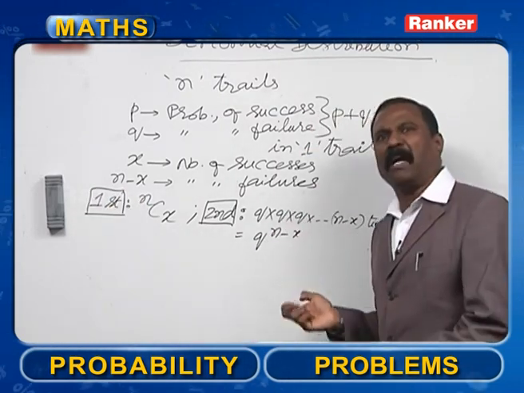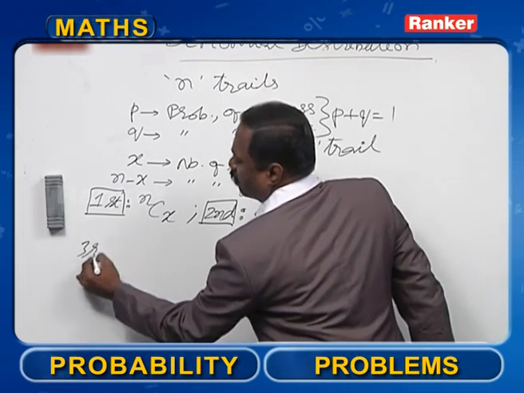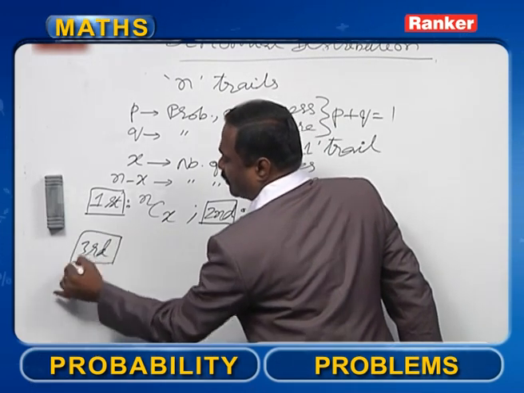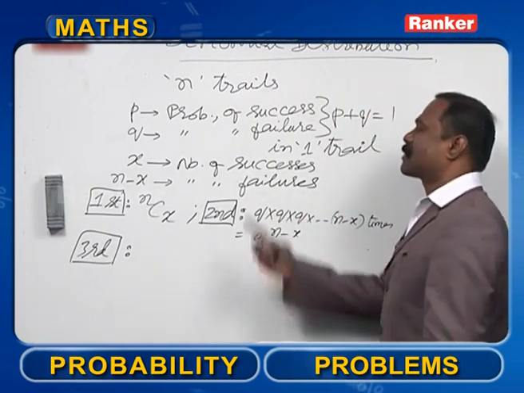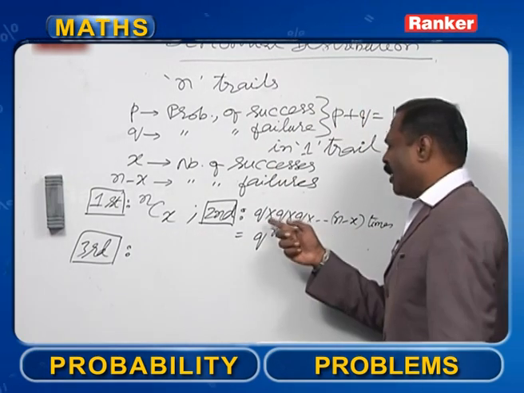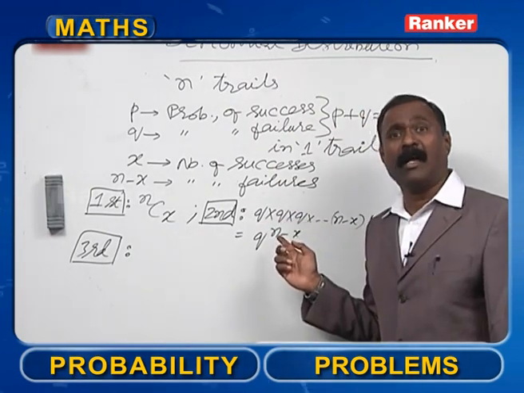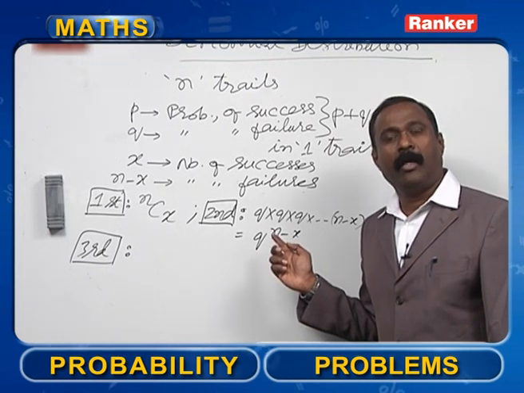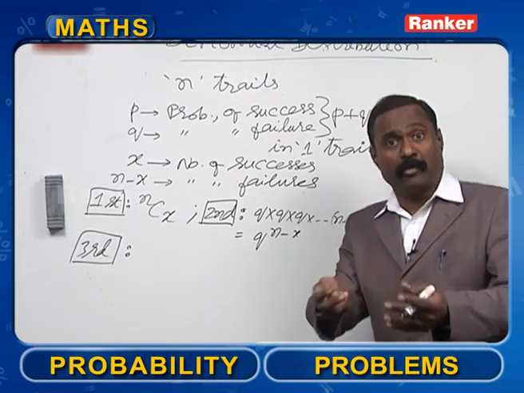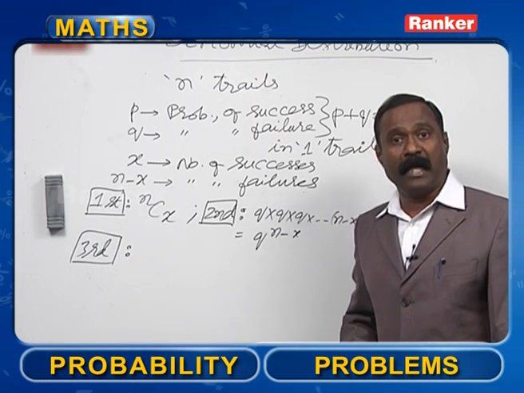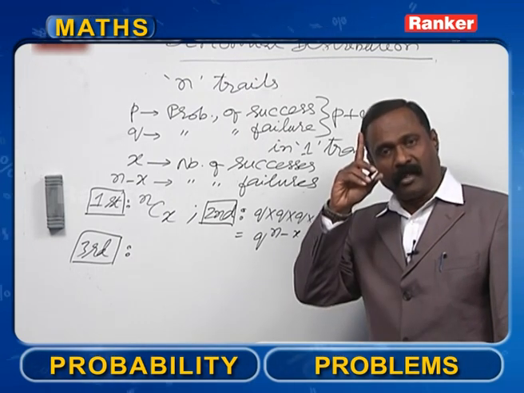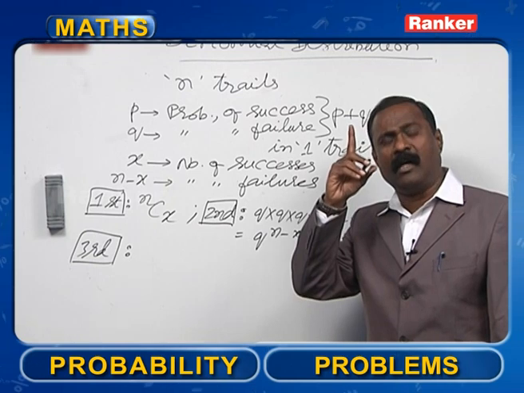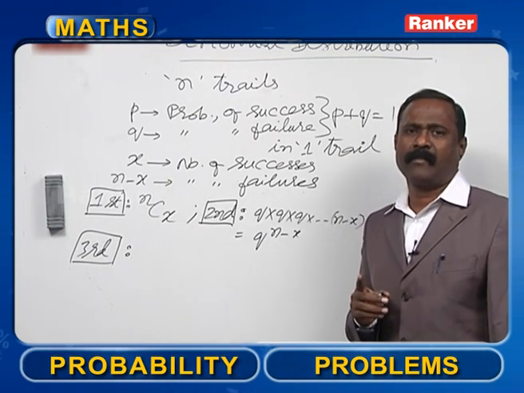And the third operation, what I'm performing, is the probability of getting success. You may ask me, why are we multiplying? I'm asking you the same question. Why are we multiplying? Because of the principle of counting, which we have learned in the first class.